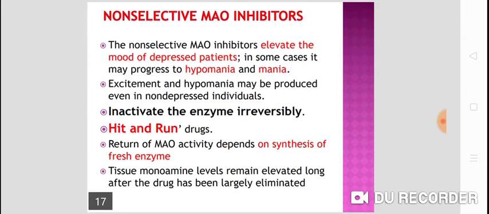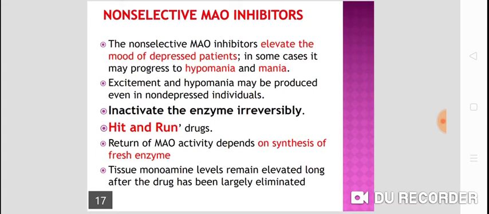Because they are hit and run drugs. Though the drug is excreted, the action is still present, because it inactivates the enzyme irreversibly, so the return of monoamine oxidase activity occurs only when the synthesis of fresh enzyme occurs.